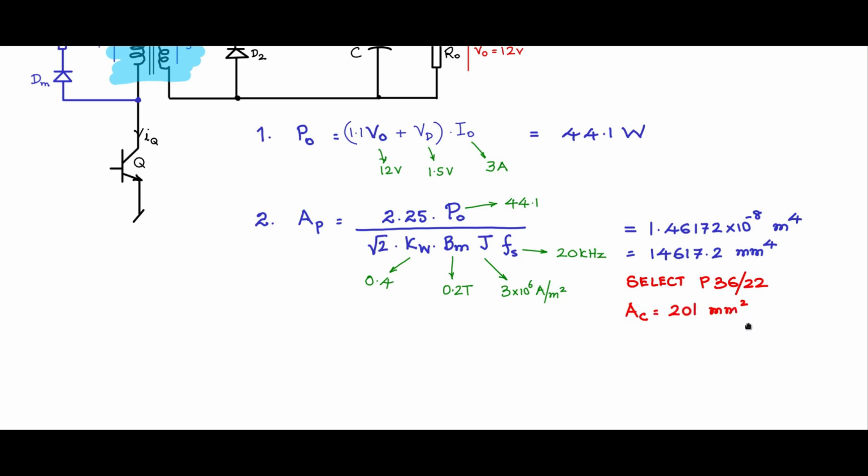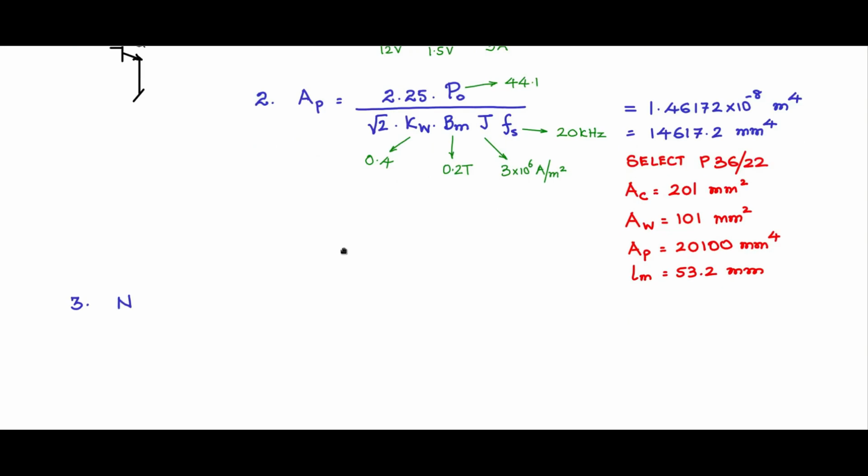AC of 201 mm square, AW of 101 mm square, AP area product of 20,100 mm to the power of 4, mean magnetic path length of 53.2 mm. So these are the characteristics of the core that we have selected, pot core P36/22.